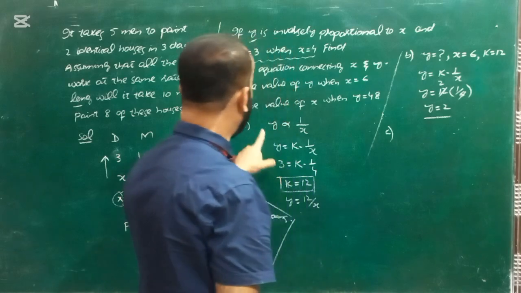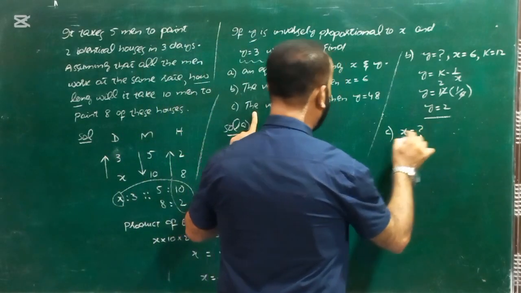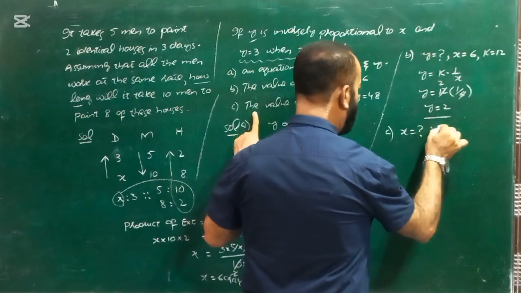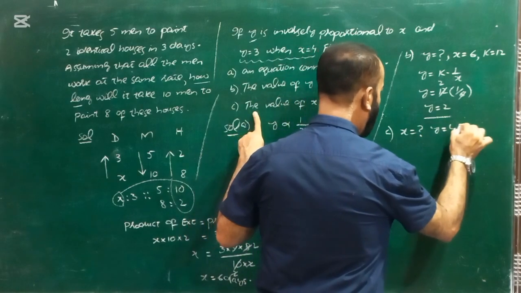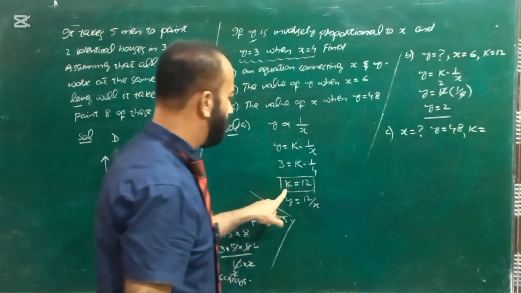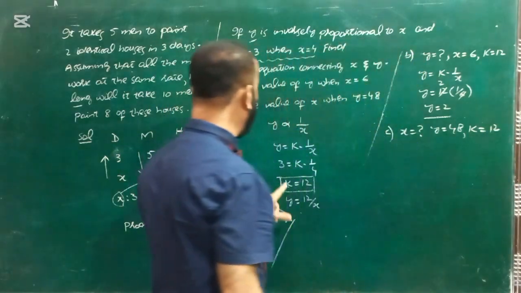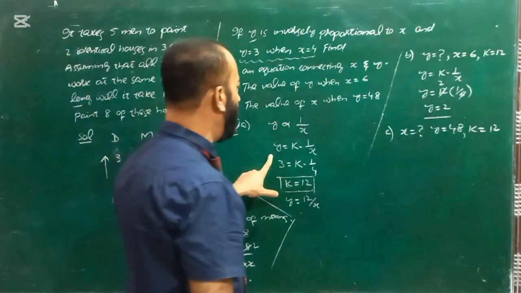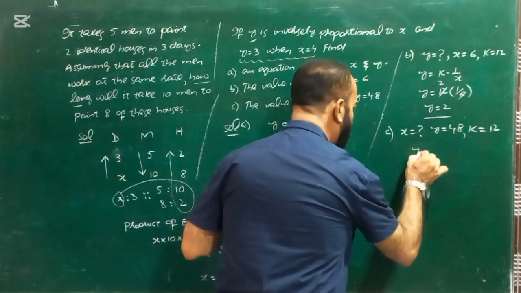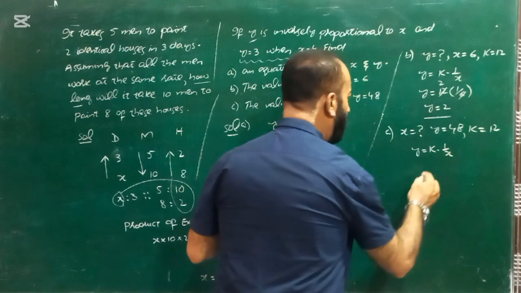So in part C now, the value of x is the requirement when y is equal to 48 and k's value is given, that is 12. So again, using the equation y is equal to k into 1 over x, putting values into the equation.